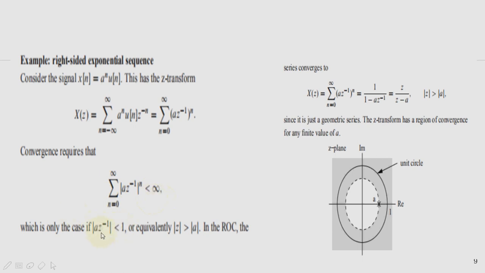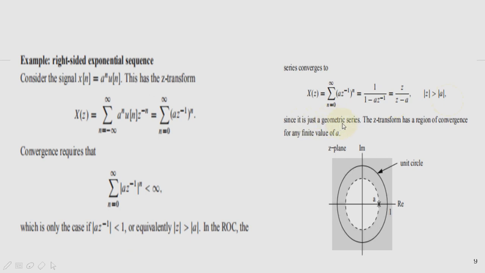So in this case, mod of a into z raised to minus 1 is less than 1, or equivalently mod of z is greater than mod of a. In this case, the series will become summation of a into z raised to minus 1 raised to n, that is equal to 1 divided by 1 minus a into z raised to minus 1, that is equal to z divided by z minus a, with mod of z greater than mod of a.